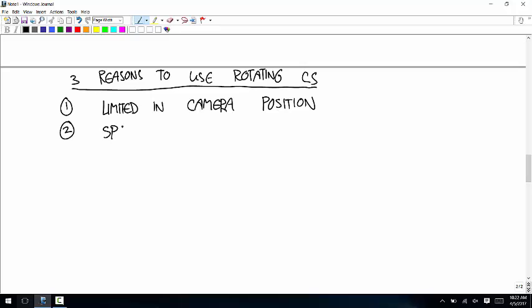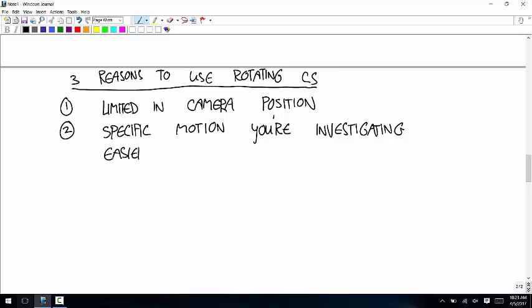The specific motion that you're investigating is easier to describe in a rotating coordinate system.